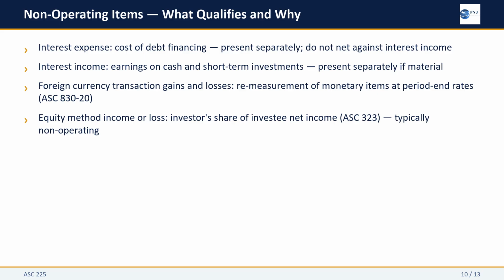Foreign currency transaction gains and losses arise from remeasuring monetary assets and liabilities at period-end exchange rates under ASC 830-20. Those go here too. Equity method income, the investor's proportionate share of an investee's net income under ASC 323, is also typically non-operating.